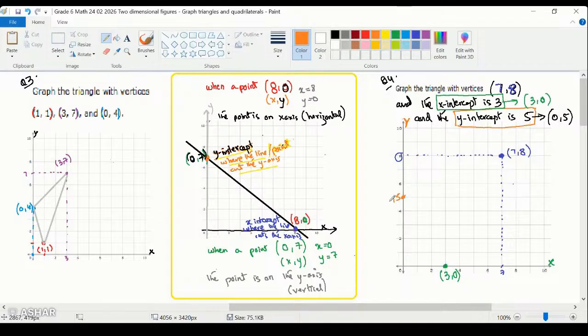Therefore, the coordinate becomes 0, 5. And once we have these values, if we join them together, we would be able to make a triangle over here. Do we agree?